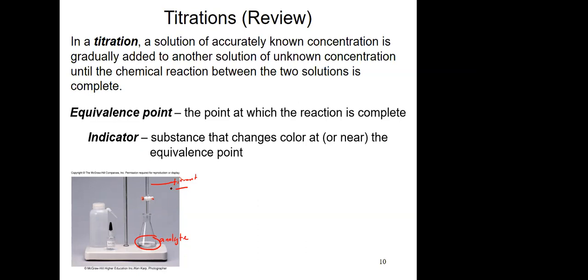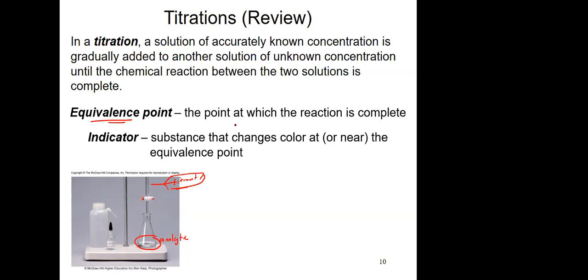So you're adding a solution of known concentration to a solution of unknown concentration. And at the so-called equivalence point, you can determine the concentration of the solution of unknown concentration.